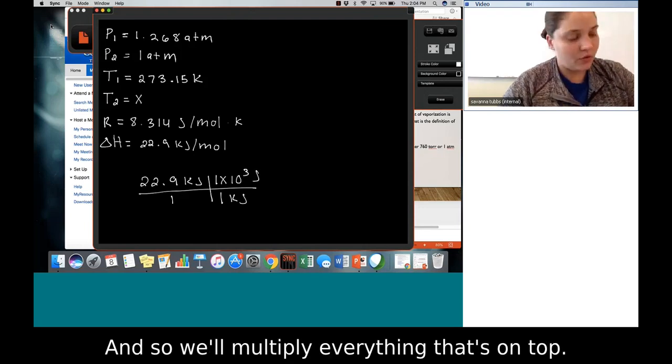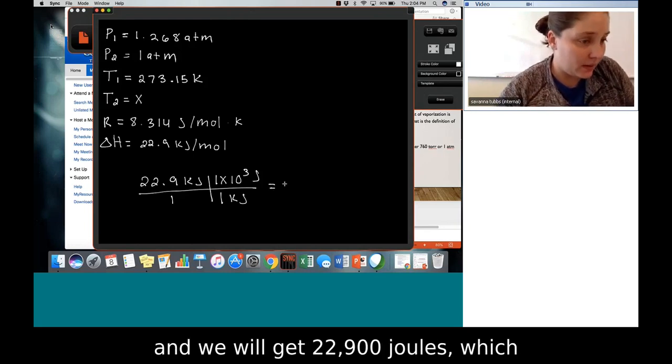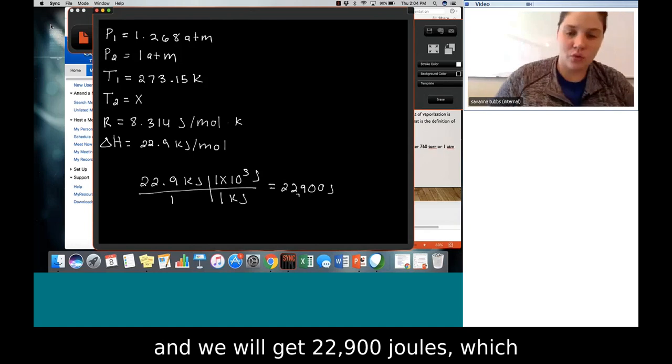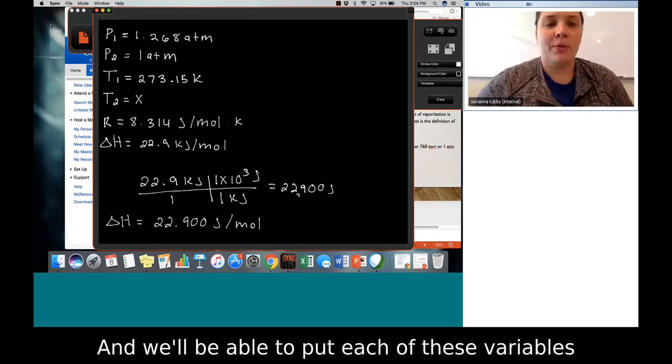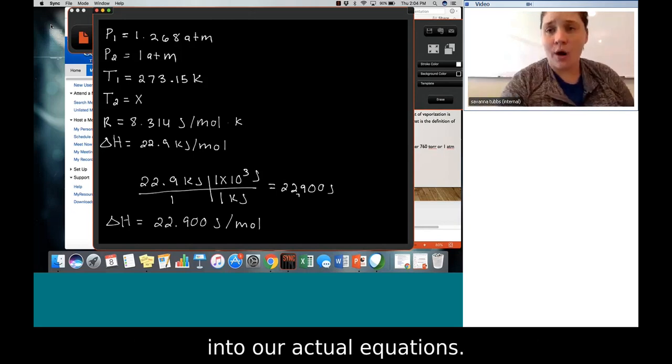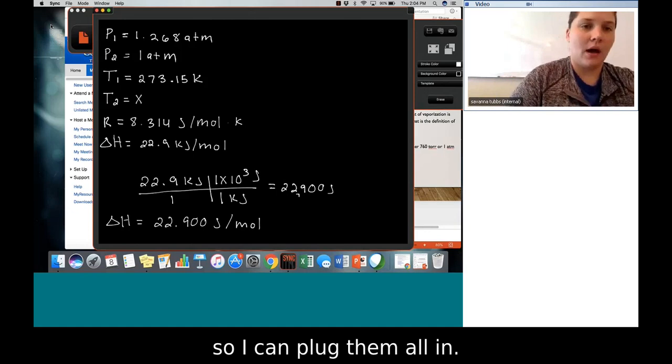We multiply everything that's on top, divide by what's on bottom, which is just 1, and we get 22,900 joules, which means our delta H is 22,900 joules per mole. And we'll be able to put each of these variables into our actual equation. So I'm going to erase the board so I can plug them all in.